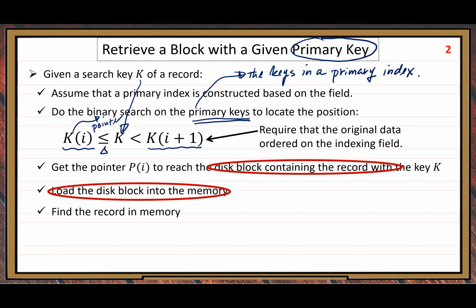Much faster than doing the search inside what? Inside this hard disk, right? Yeah, hard disk. We know hard disk data access time is much slower than memory access time.